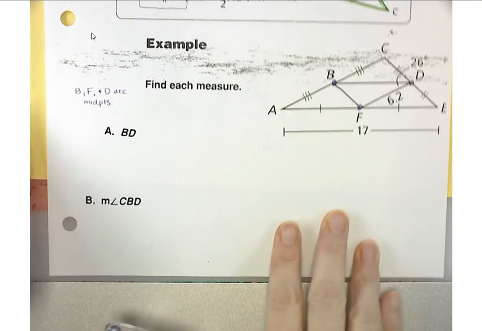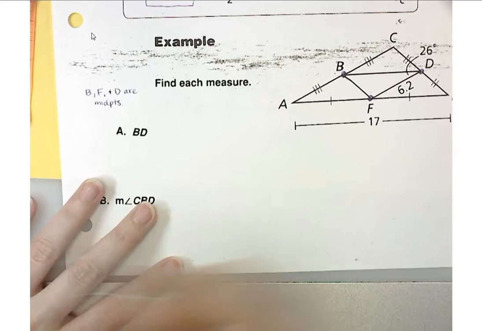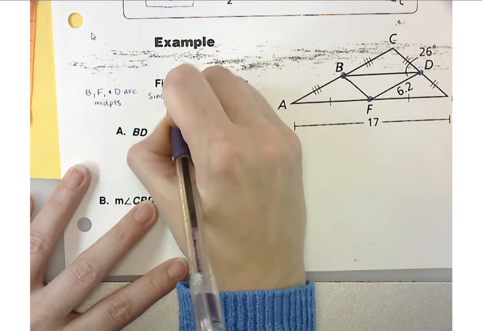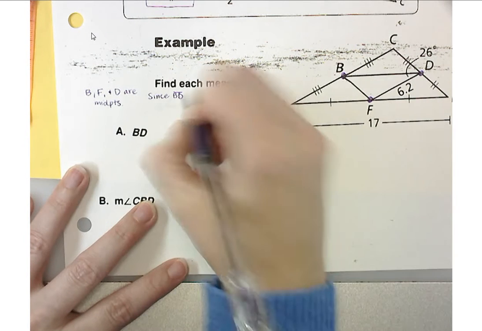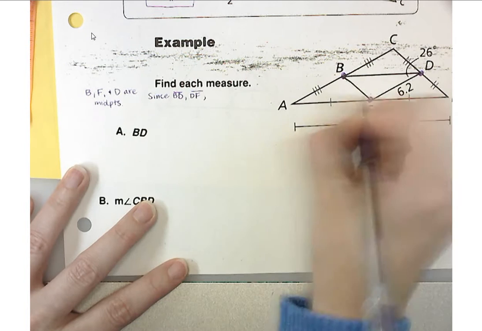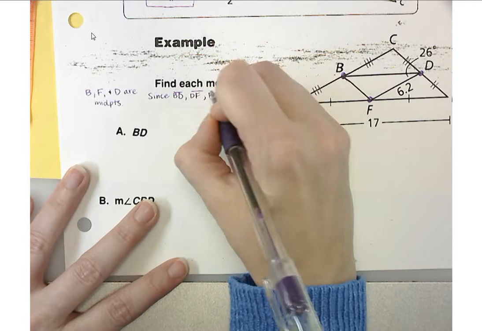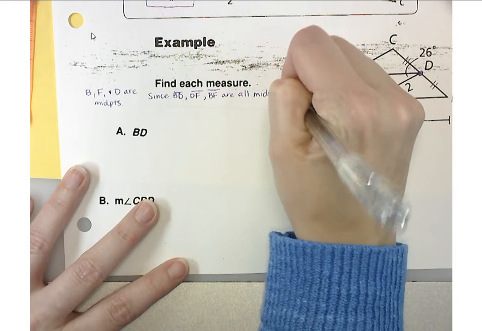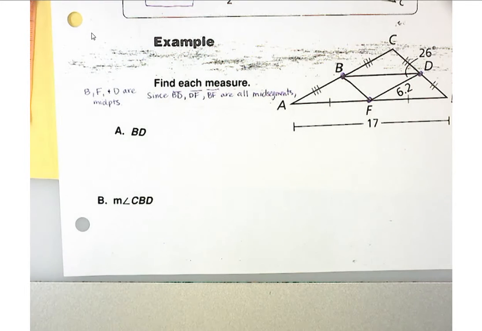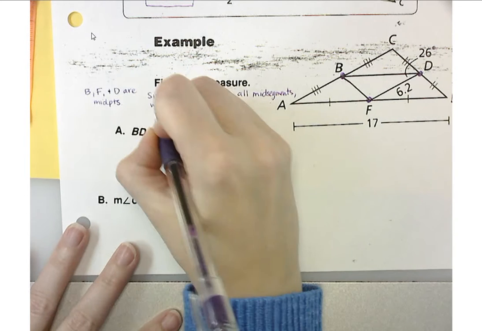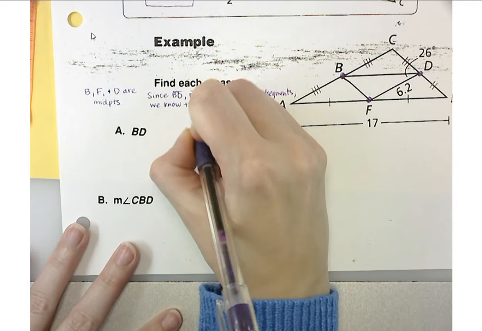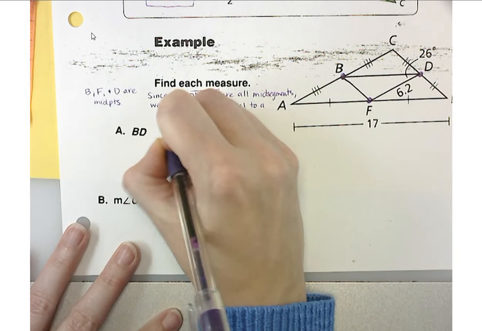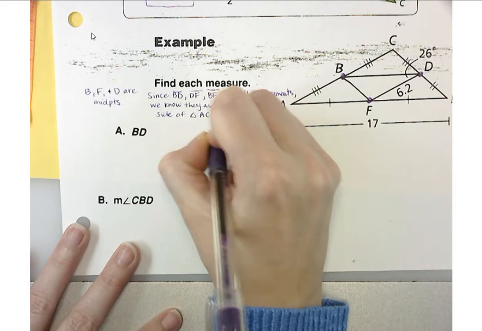So if those are midpoints, then we have some midsegments here: the midsegment BD, from B to D, from D to F, and from B to F. Since these are all midsegments, we know they are parallel to a side of triangle ACE.